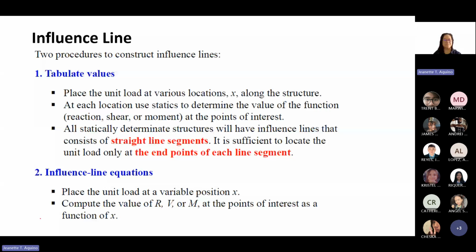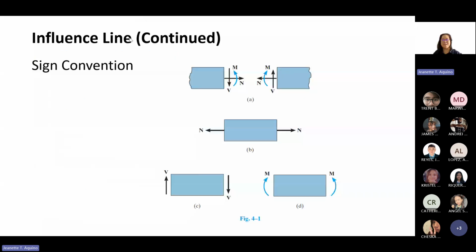Wait, sorry. Before we go to an example, we first follow this sign convention. We have to cut the beam into segments to be able to calculate the moment, the shear, and the reaction.